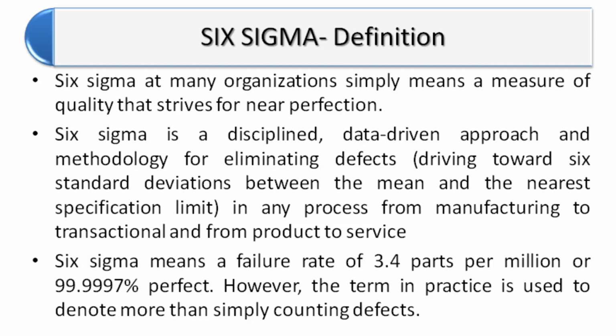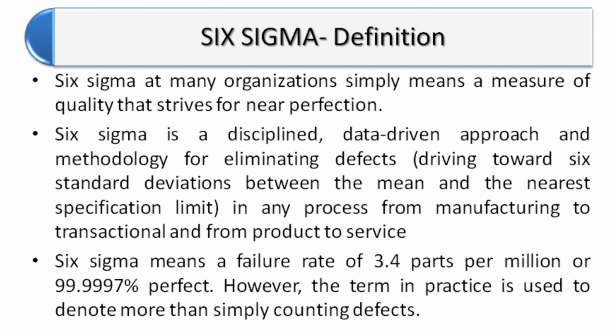So what is Six Sigma and its definition? Six Sigma at many organizations simply means a measure of quality that strives for near perfection. And Six Sigma is a discipline, a data driven approach and methodology for eliminating defects.